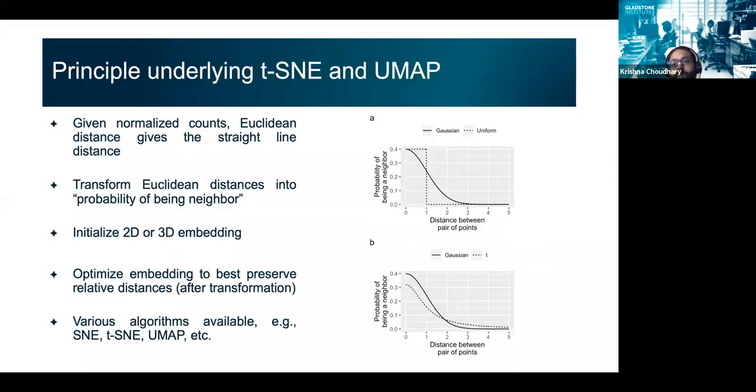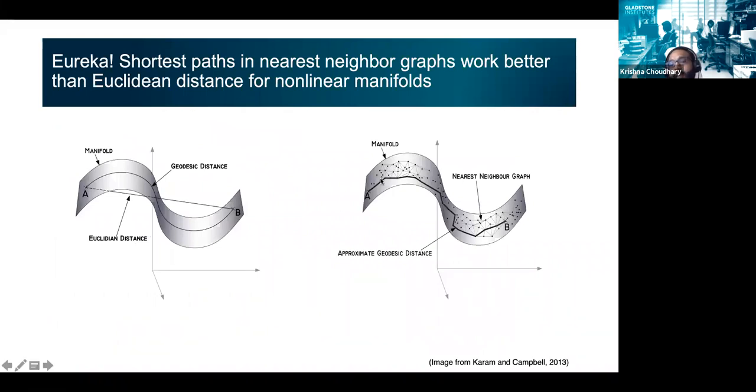So they had to come up with another way of doing the projection. Now, using this probability of being a neighbor, we have a new notion of distance, which is perhaps more accurate than the Euclidean distances. At least it captures the nearest neighbor graph.